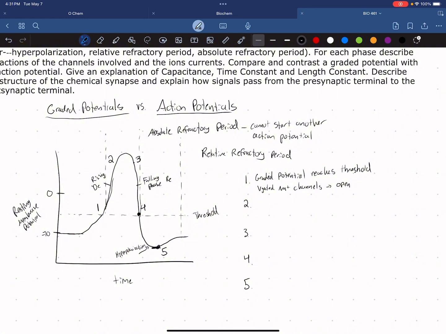A lot of those positive ions going into the cell. So number 2, we have the voltage-gated potassium channels begin to open, and the voltage-gated sodium channels begin to close.